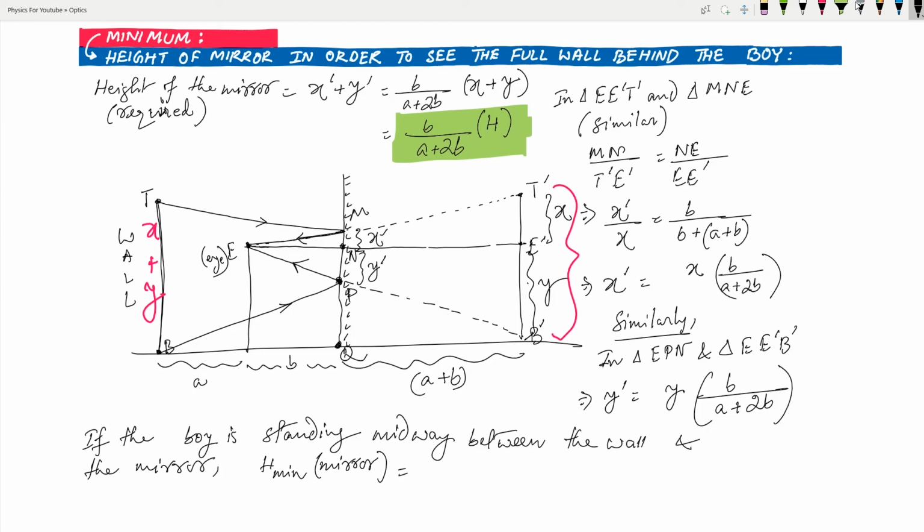In this case, A is equal to B, midway. So just put the value of A equal to B in the equation and we will get H by 3.